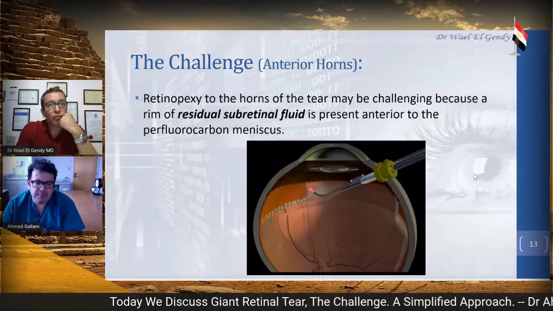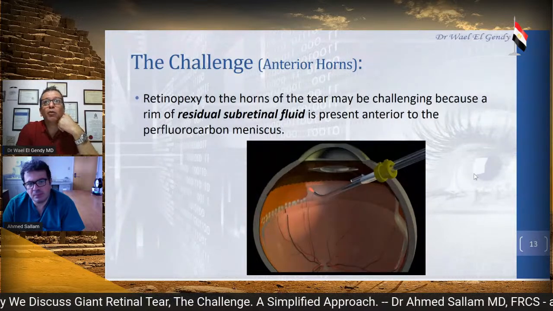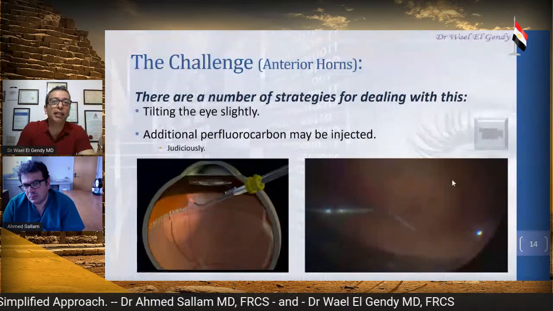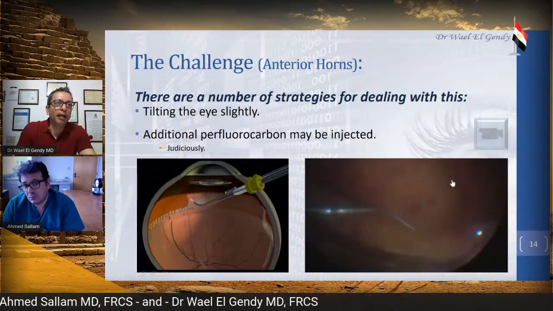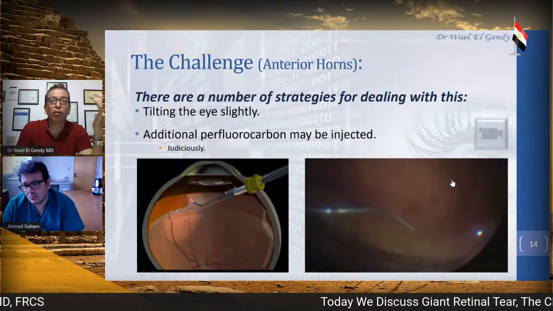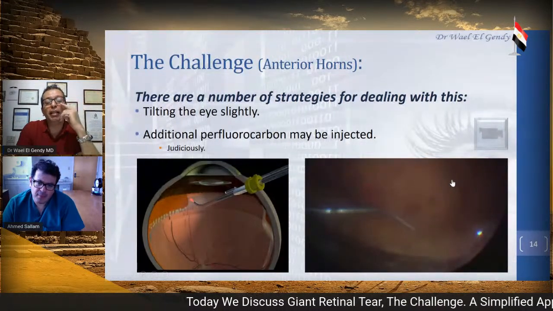Okay. So why do you think it's risky to take the PFC above the giant retinal tear and fill the whole globe with it if you're not being very careful about it?